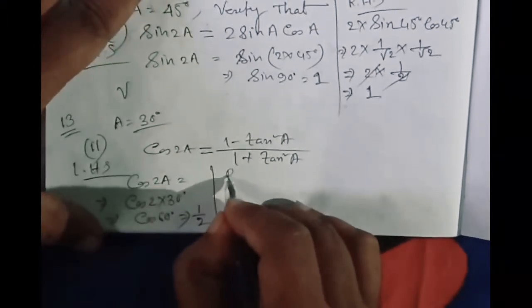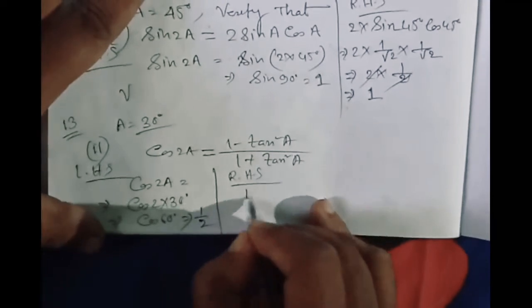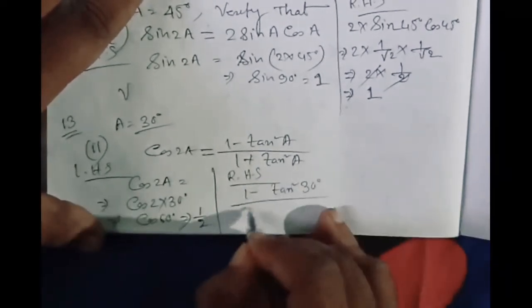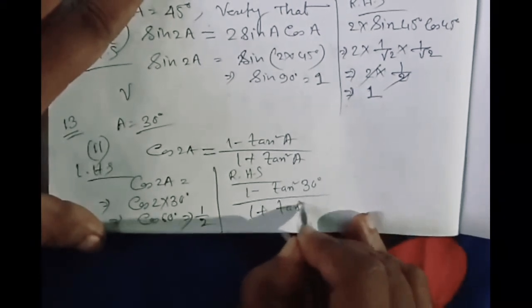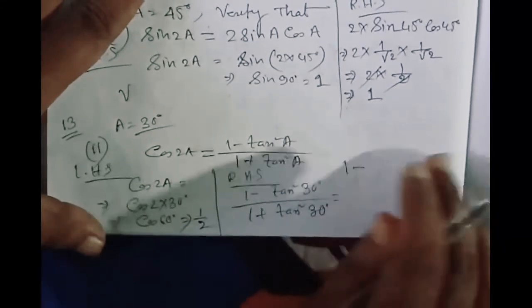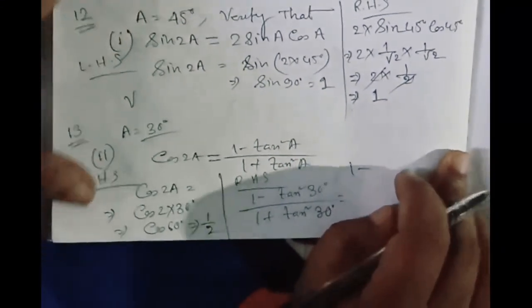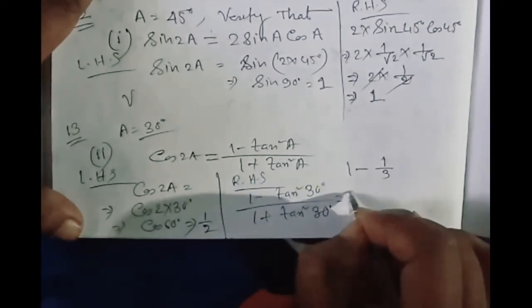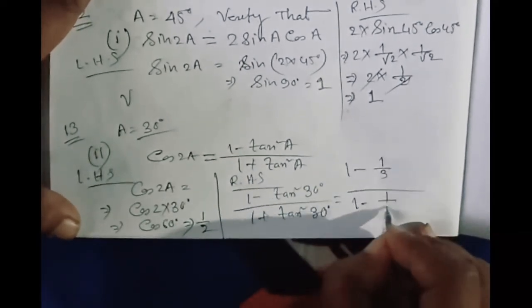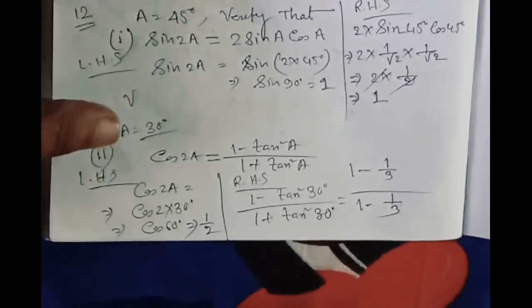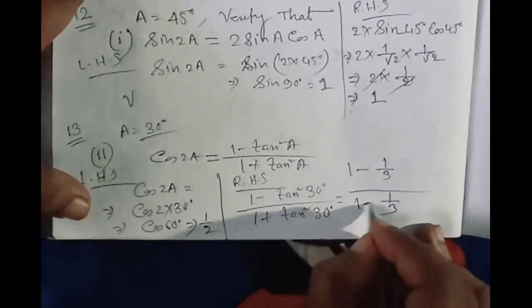Now, come to the RHS, 1 minus tan square 30 degrees by 1 plus tan square 30 degrees. The value of tan 30 degrees is equal to 1 by root 3. So, if we square it, we get 1 by 3. Again, this is 1 minus 1 by 3 by 1 plus 1 by 3.